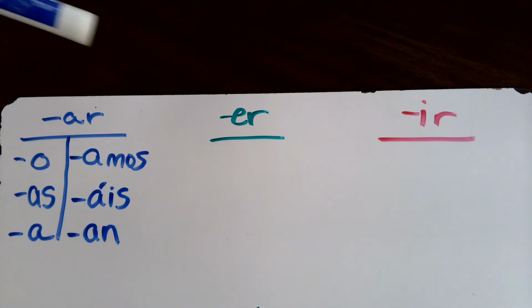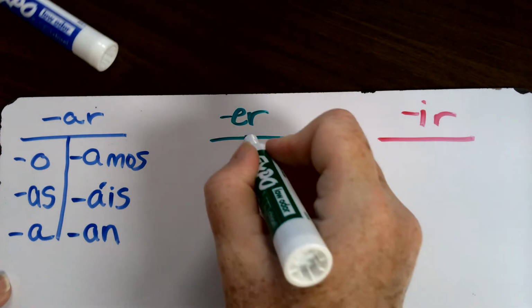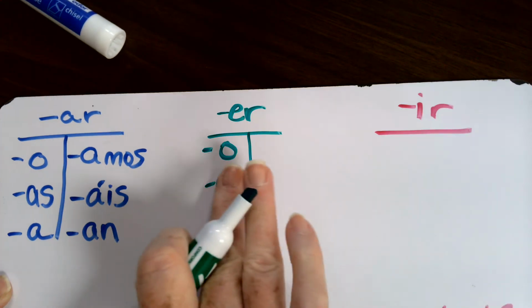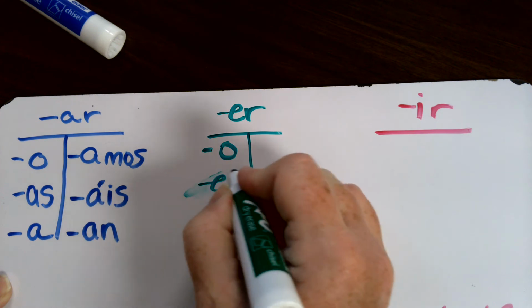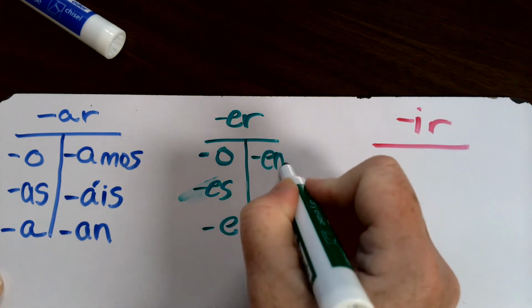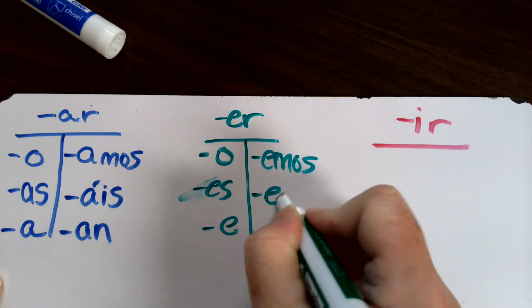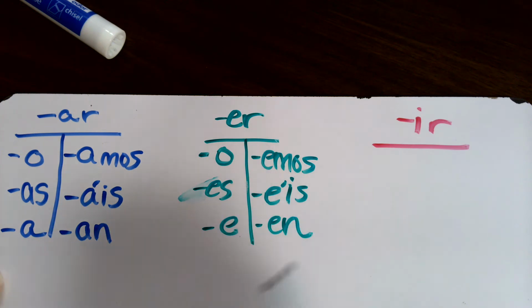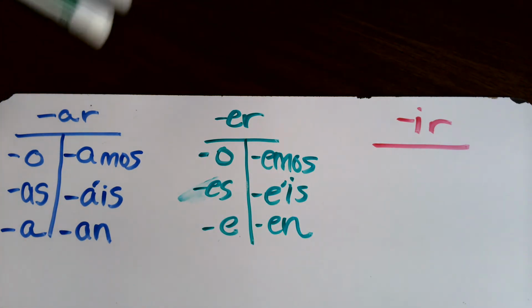For my ER verbs, my ending for yo will be o. Tú will be es. Usted, él, ella, e. Nosotros, emos. Vosotros, éis. And ustedes, ellos, ellas, en.